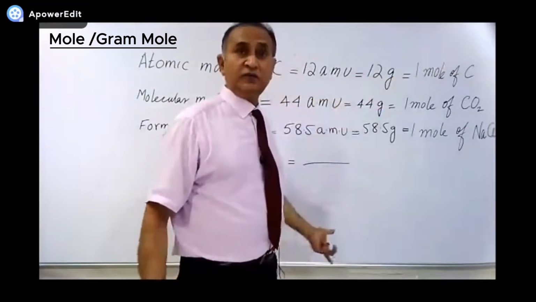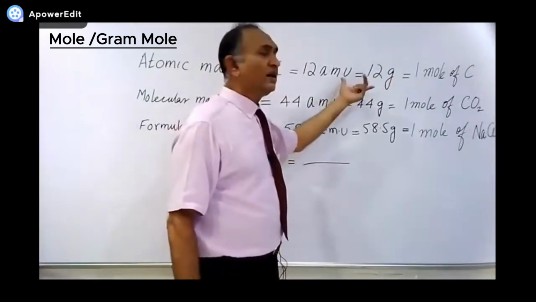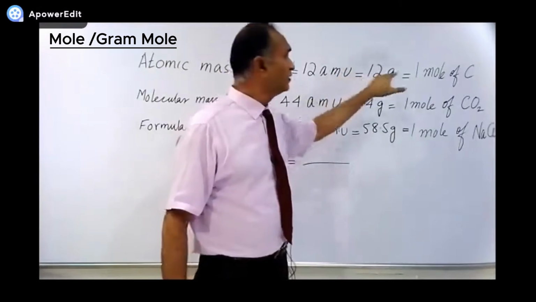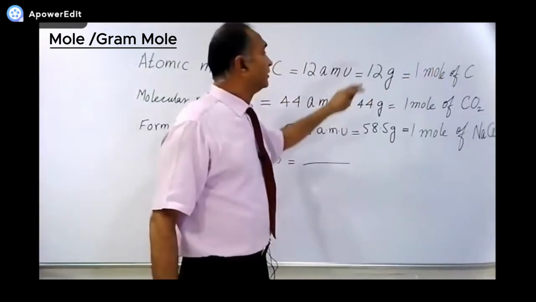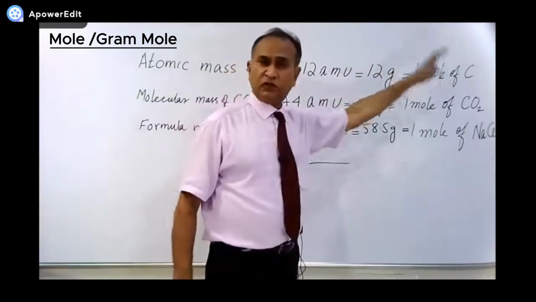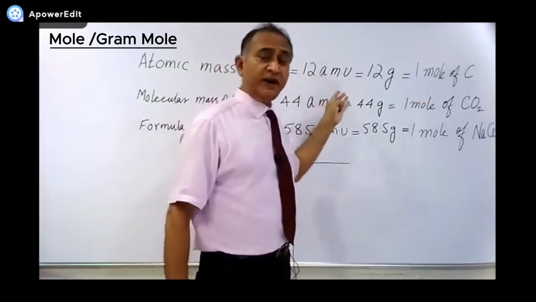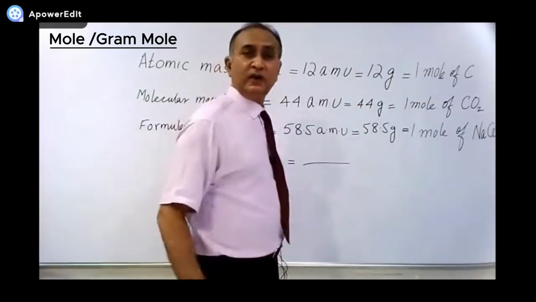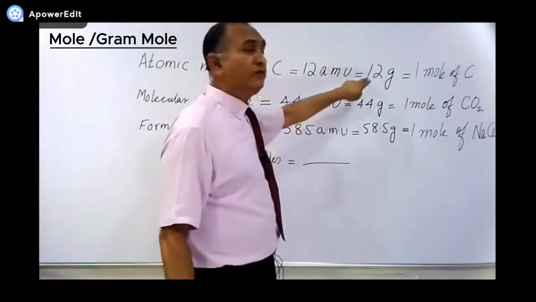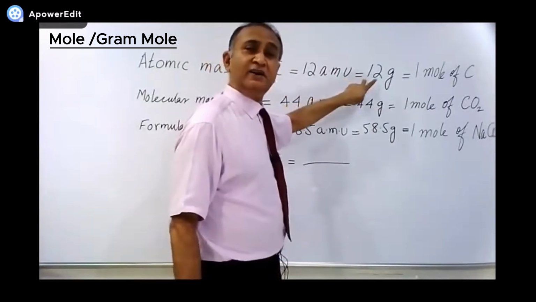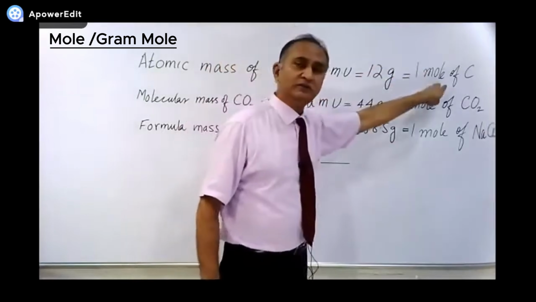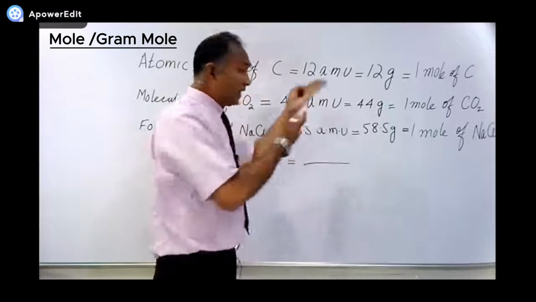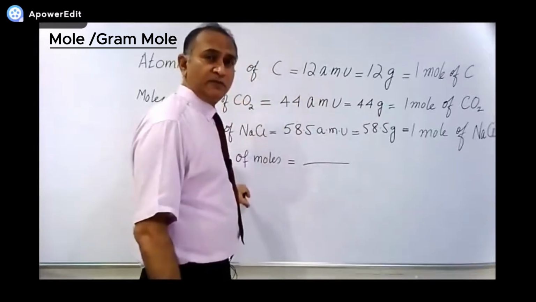You said 1 mole, fine. I asked if we have 24-gram carbon, you said 2 moles. 36 gram, 3 moles. 48 grams, 4 moles. You are clever enough. But if I say we have 4,828 gram, how many moles? It will take time. So for that situation, we have the formula.